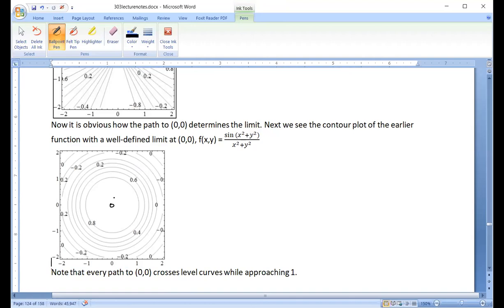And no matter what path you take, you are crossing contour lines in order to get to that point, and you're crossing contour lines as the values approach 1. If you come from here, if you come like this, it doesn't matter. You're crossing contour lines headed to the value of 1. So in some sense, the easiest way to figure out limits is with a contour map.